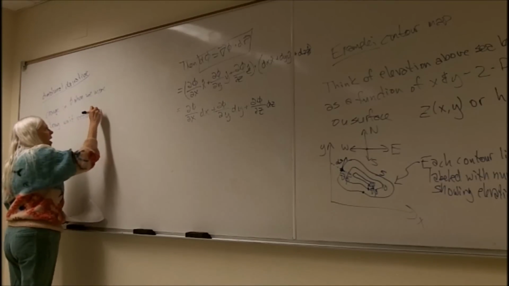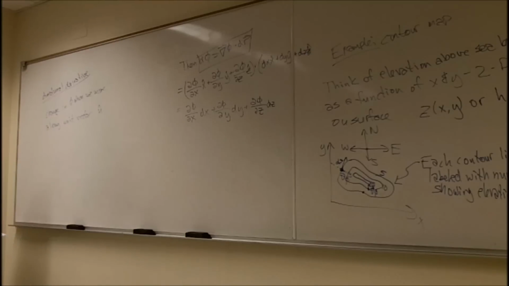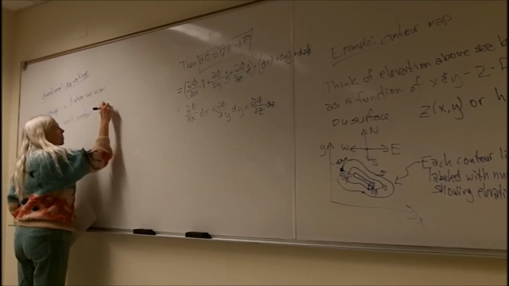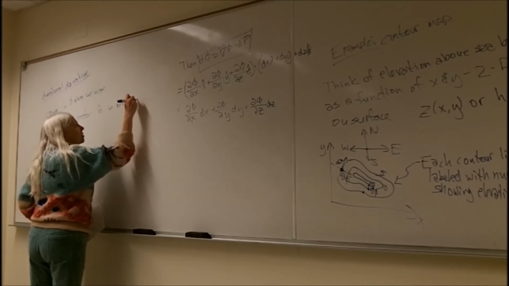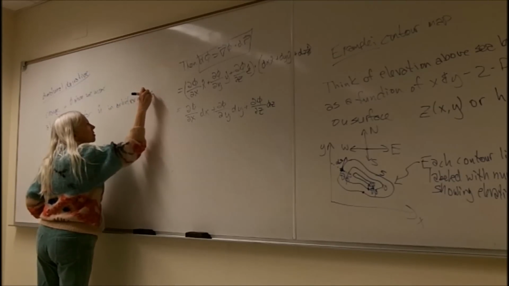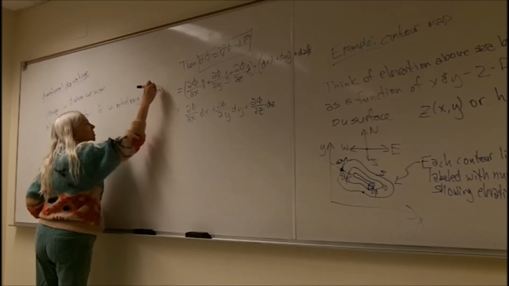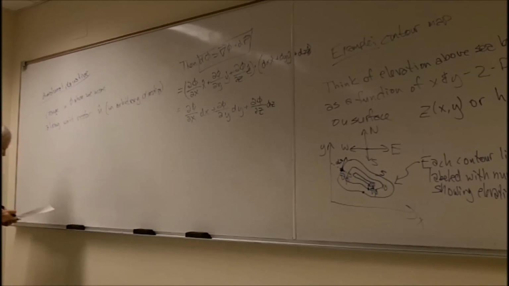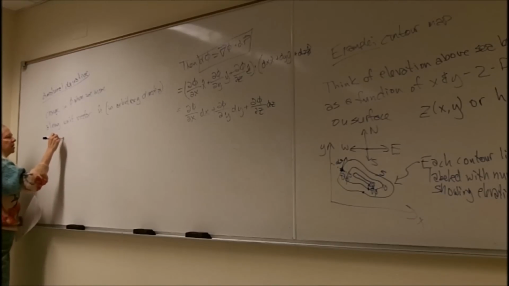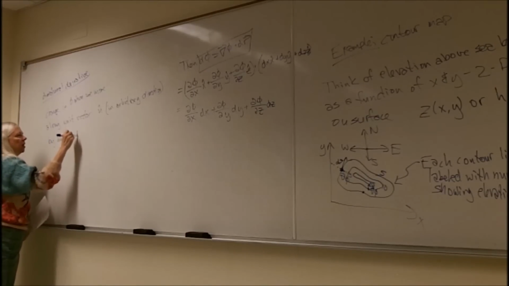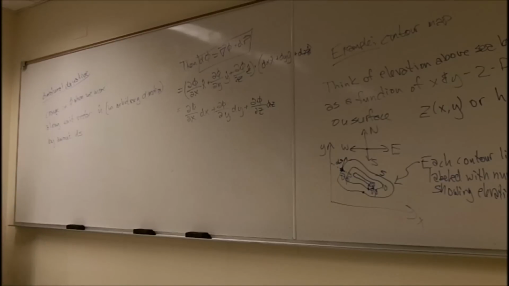We'll call it u hat. Anytime we see a vector with a hat over it, it tells us it's a unit vector. This can be in some arbitrary direction. But we're going to move along that direction as defined by that unit vector by an infinitesimal length we'll call ds.